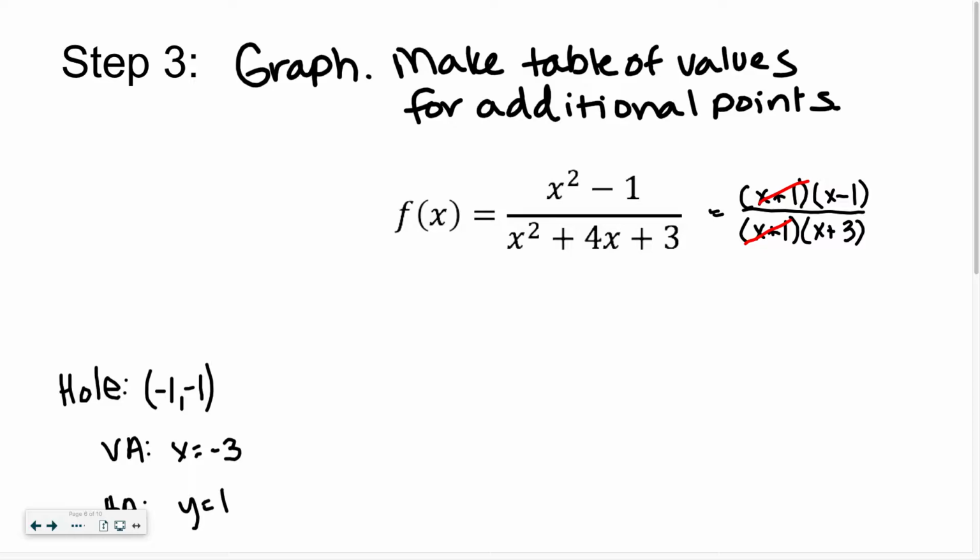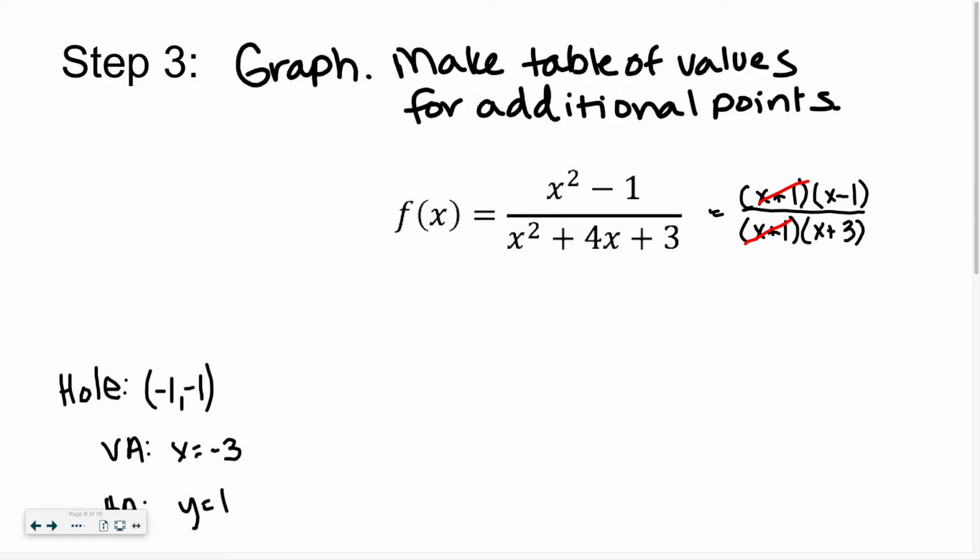So every now and then the stuff that you did on the previous slide, your asymptotes, your points, your x and y intercepts, there's enough points and data there for you to figure out what your graph is doing. If you don't have enough points to know exactly where your graph is, then just make a quick table of values, pick some x's that you need, and figure out what's happening with your graph.